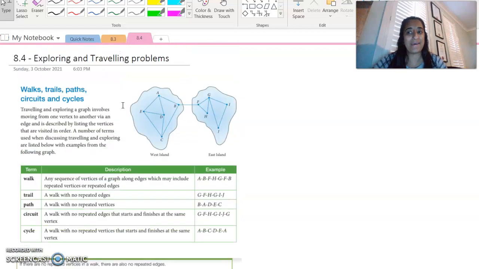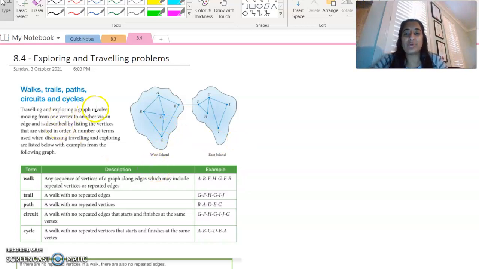So let's make a start with the difference between all these words: a walk, a trail, a path, a circuit, a cycle. So basically we know that travelling involves going from point A to point B, but we might stop along a few points on the way, or we might take the scenic route. We're basically travelling from one spot to another, or back to the beginning again if you want to go for a walk or something.